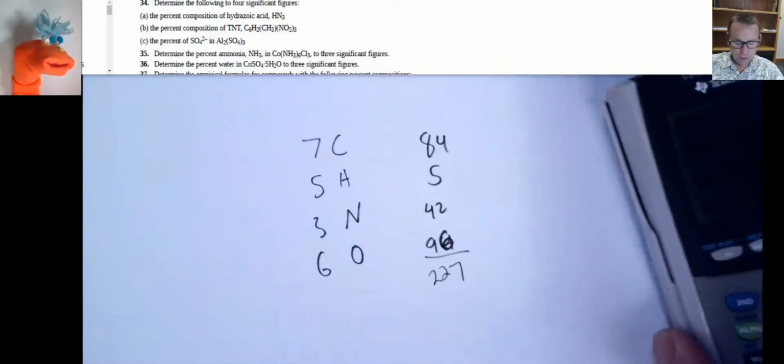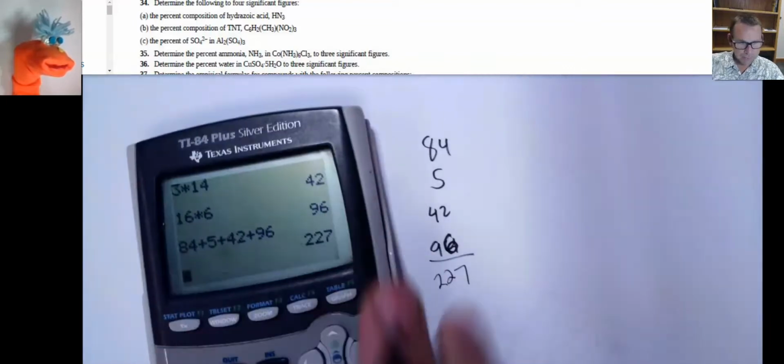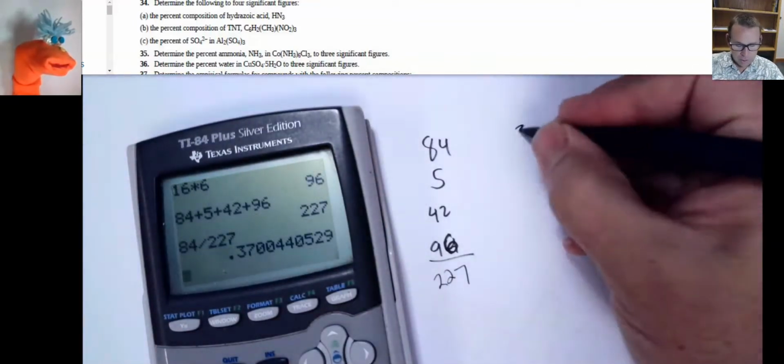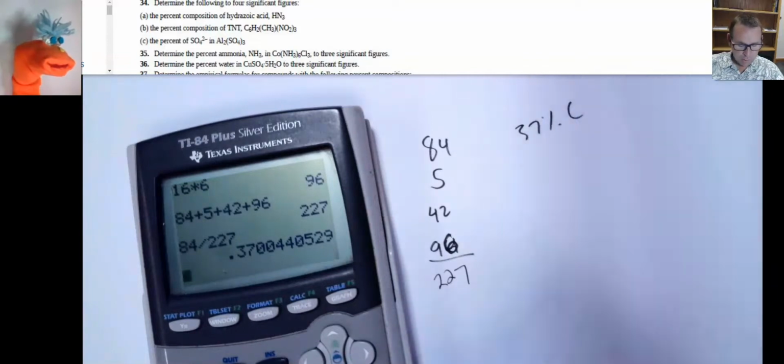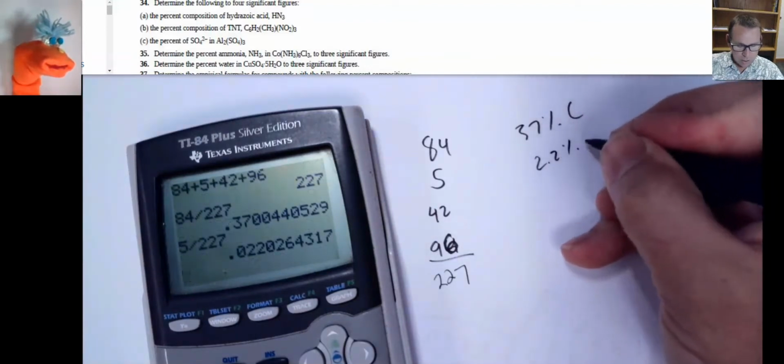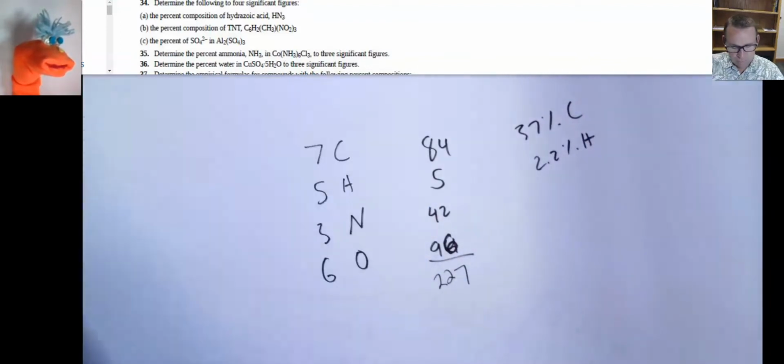Okay, and so then 84 over the 227, it's about 37% carbon. 5 over the 227, 2.2% hydrogen.